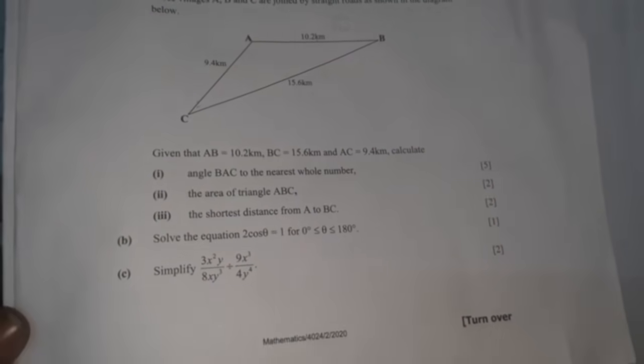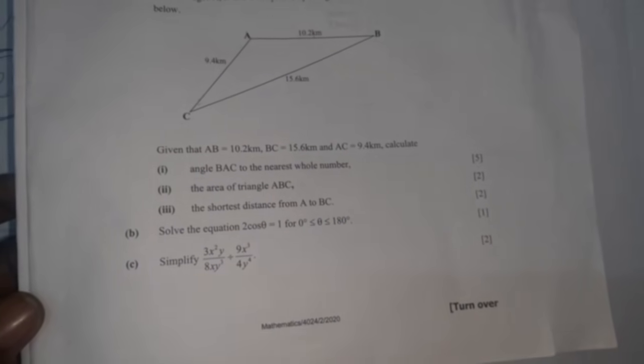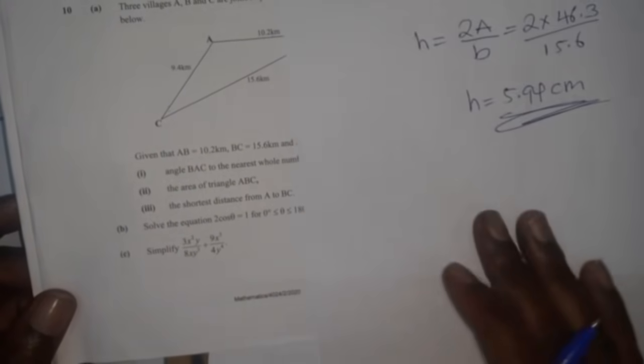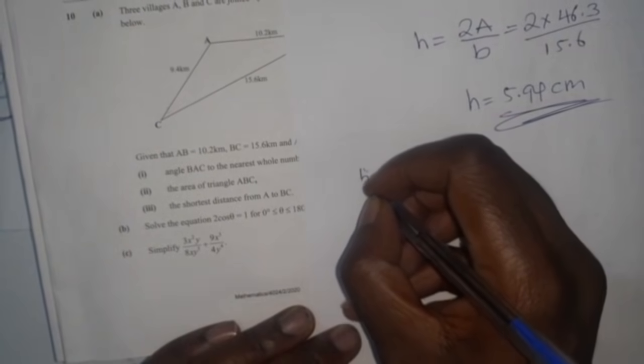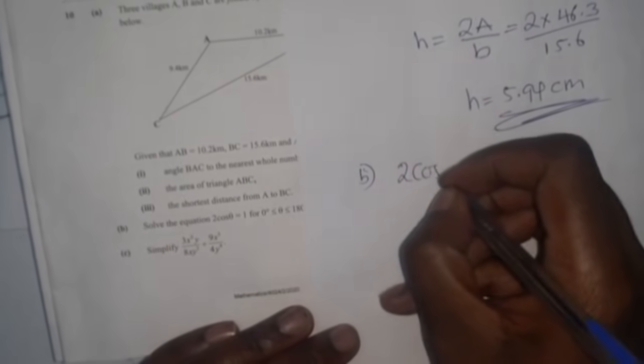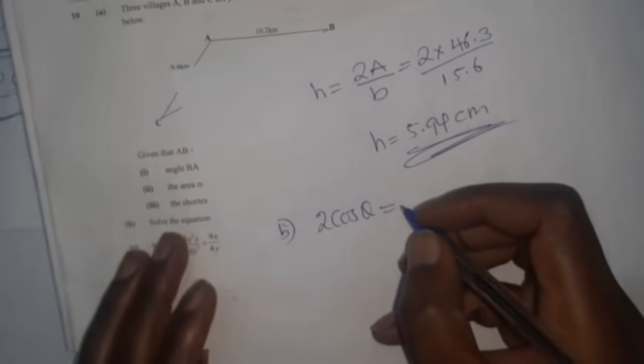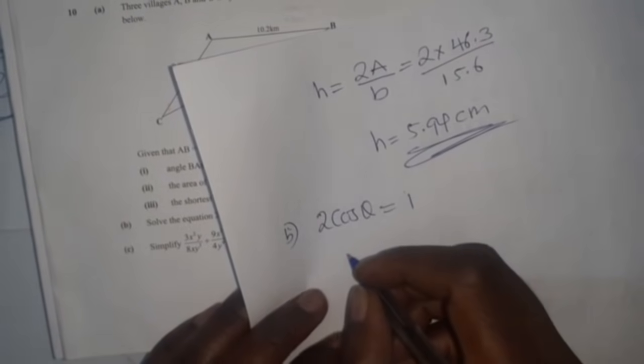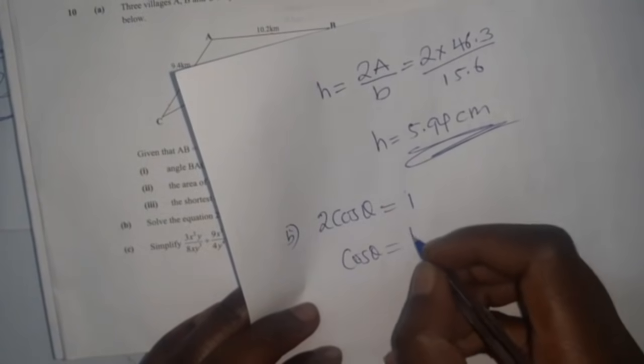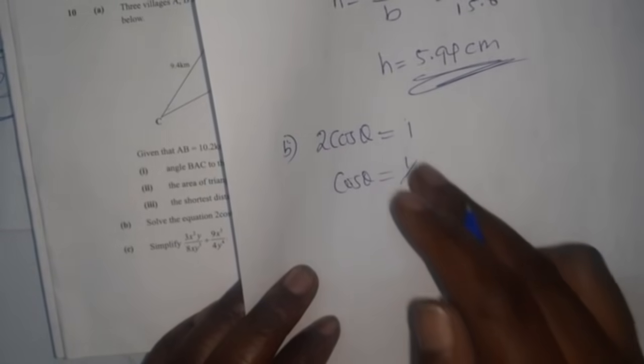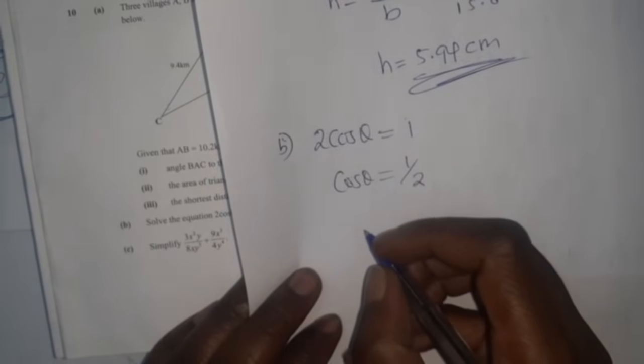Then we have these two questions here, B and C. Those are the questions that we're going to deal with now. So the first one is B: 2 cos theta is equal to 1. So cos theta is equal to 1 over 2. You divide both sides by 2.